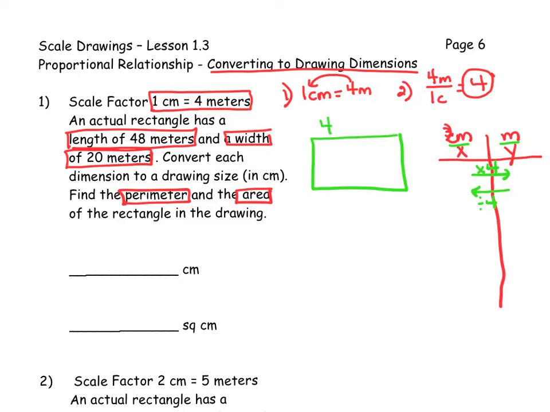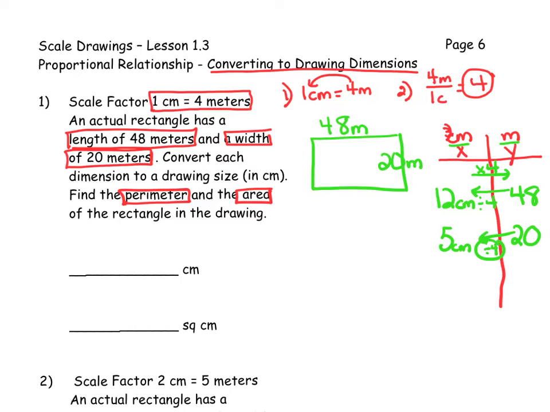We know that the length in the real world is 48 meters and the width is 20 meters. Let's convert each one of those dimensions to centimeters. 48 divided by 4 is 12 centimeters, and 20 divided by 4 is 5 centimeters.